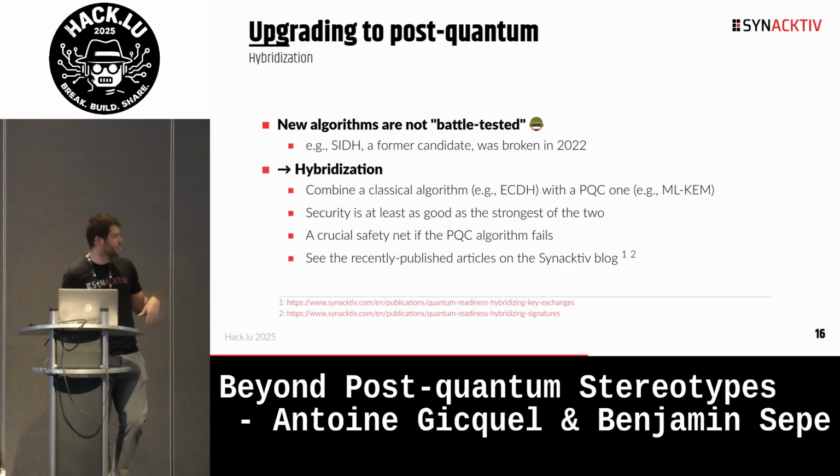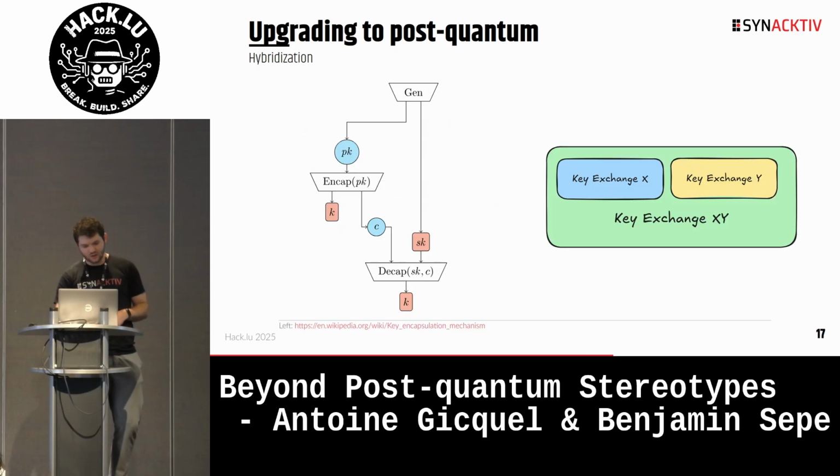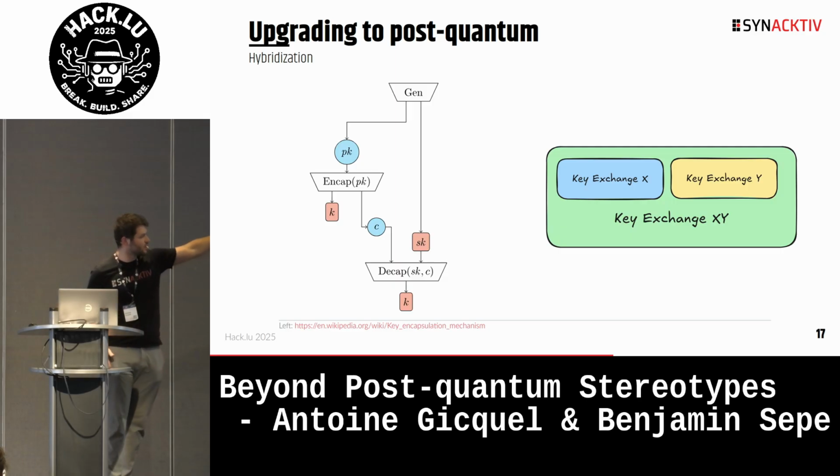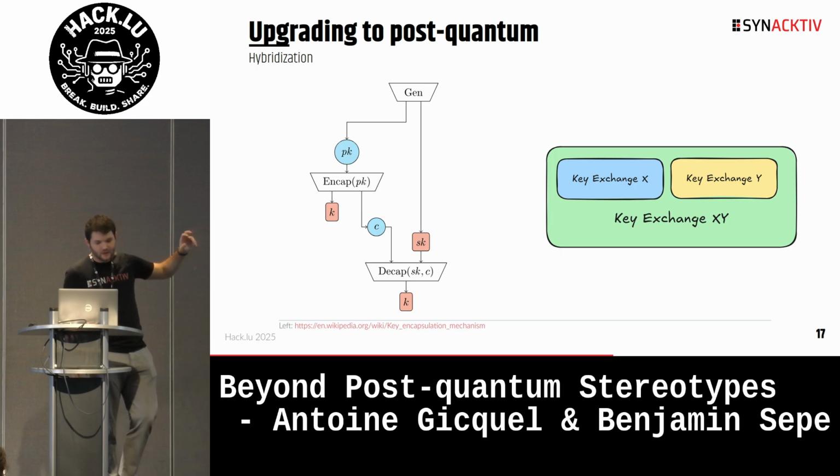We have published 2 articles recently on hybridization. If you want to go more in depth, we're just going to brush the surface here. So let's take an example of how one could hybridize a key exchange. Key exchange mechanisms are usually modeled as 3 functions. First, a key generation function that generates a public key and a secret key.